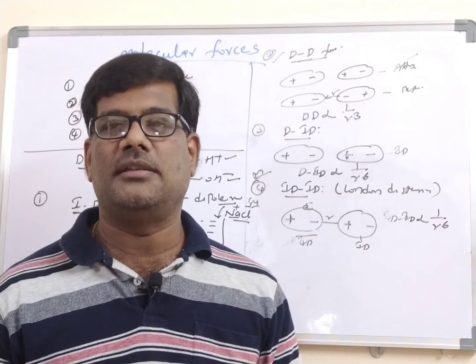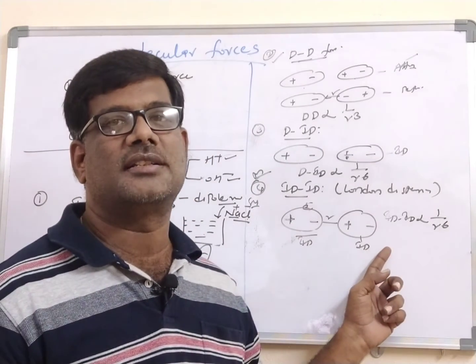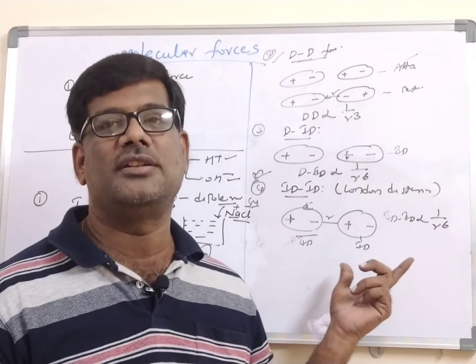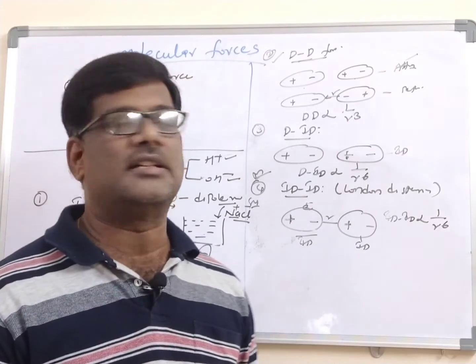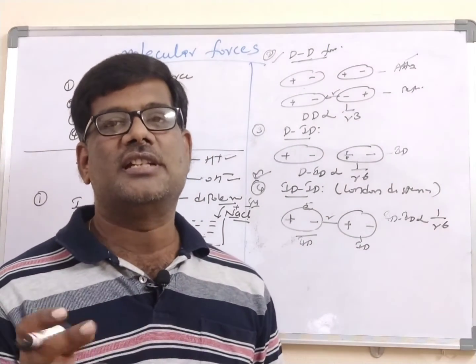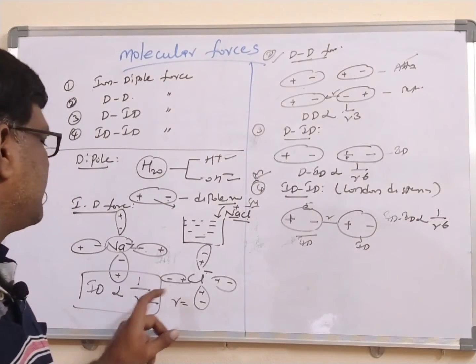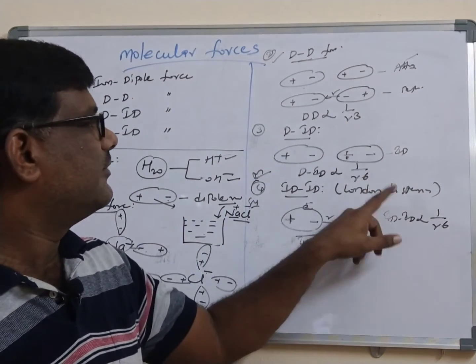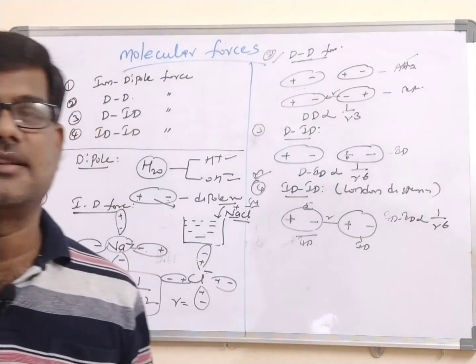Immediately it acts as a dipole molecule and creates polarity in the adjacent molecule. Now both are induced dipole molecules, and there exists a force, the induced dipole force, which is directly proportional to 1 by r to the power of 6. These values, 1 by r square, 1 by r cube, and 1 by r to the power of 6, are important for the EAMCET examination. Thank you.